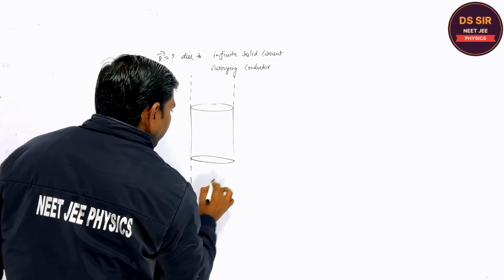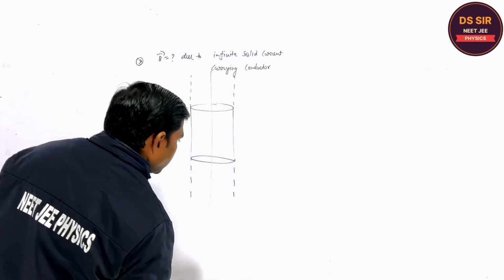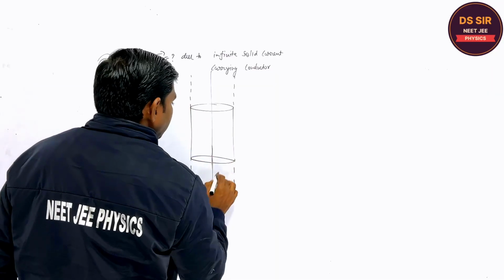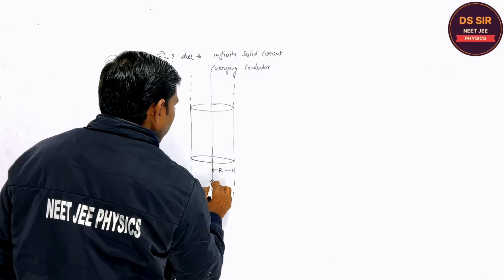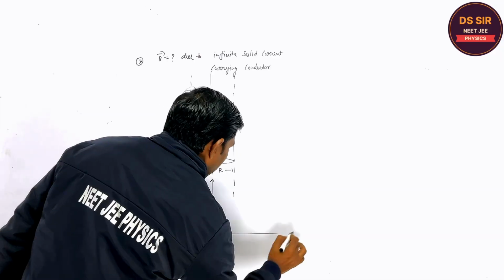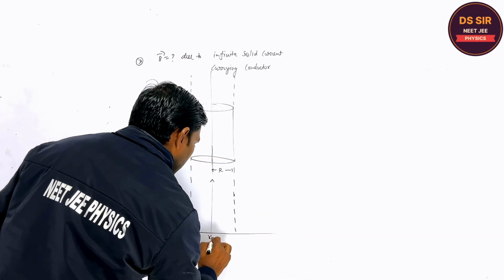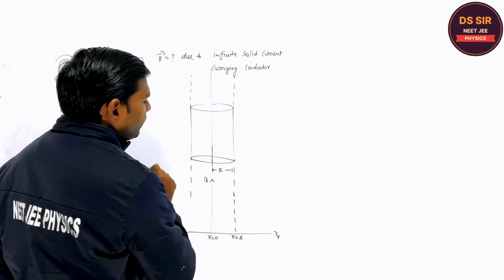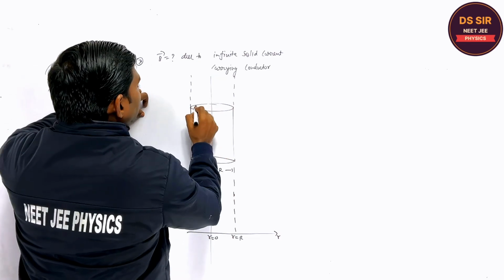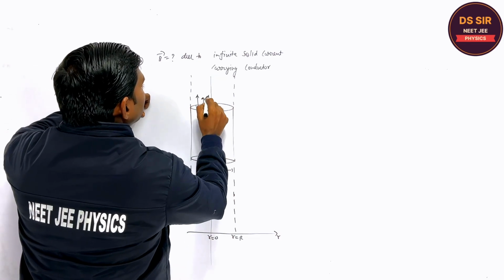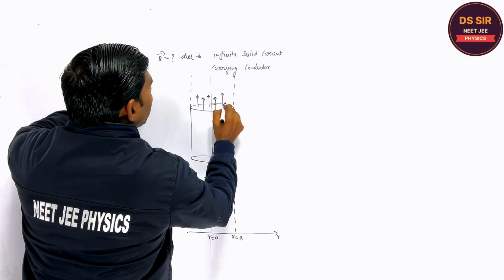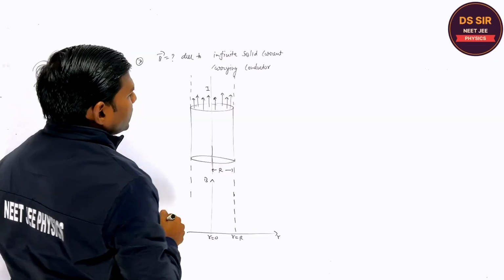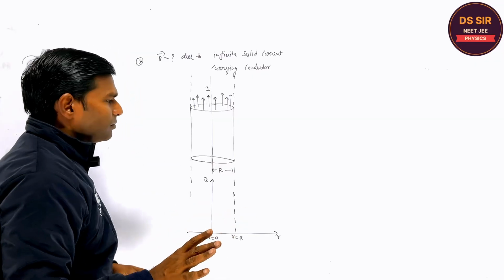This is the axis, and the radius of this is capital R. The magnetic field B you have to find for small r from 0 to capital R, and the current I is distributed over the cross-section. Is it clear or not?